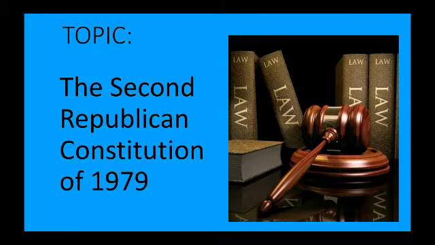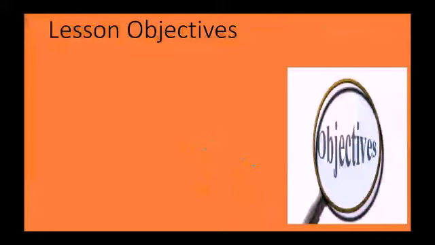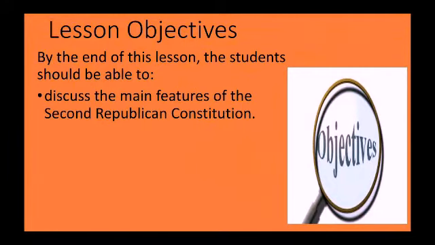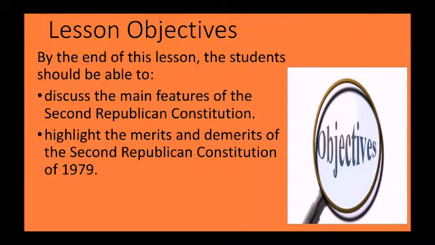What are the lesson objectives? That is, those things you are expected to know. By the end of this lesson, you should be able to first discuss the main features of the Second Republican Constitution, highlight the merits and demerits of the Second Republican Constitution of 1979.